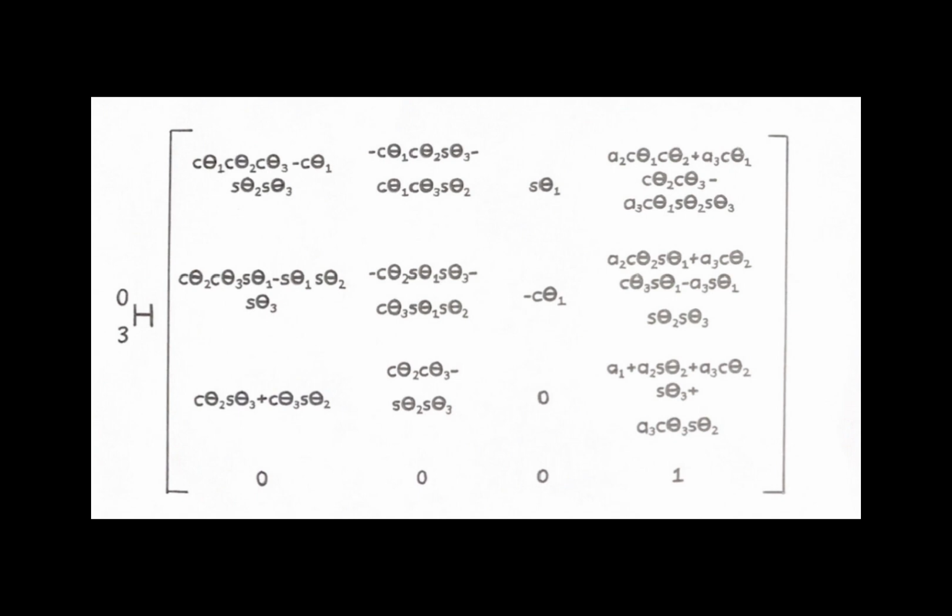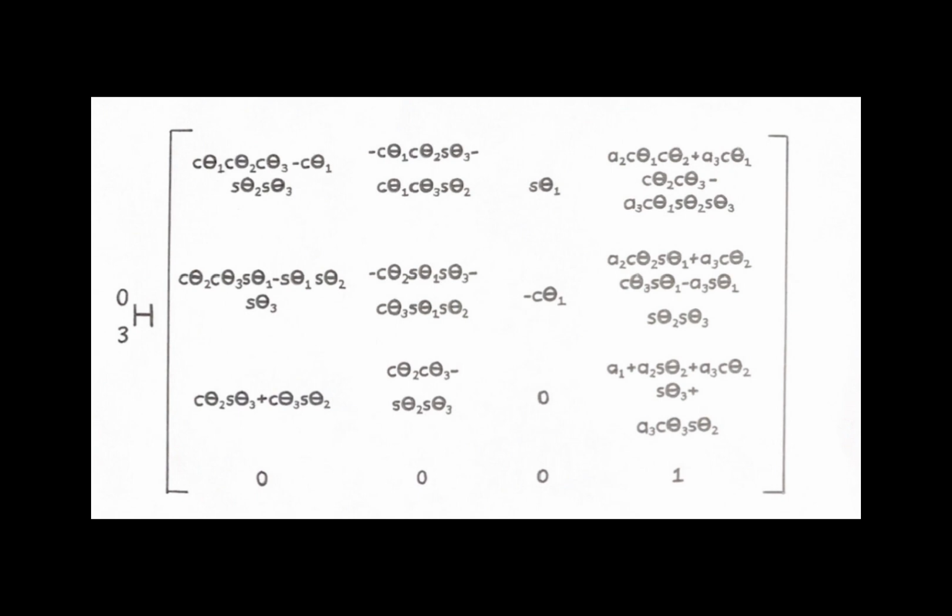Next is sine theta, negative cosine 1, cosine 2, sine theta 3, negative cosine 1, cosine 2, sine theta 2. The third is sine theta 1. Next is A2 cosine theta 1, cosine theta 2, plus A3 cosine theta 1, cosine theta 2, cosine theta 3, negative A3 cosine theta 1, sine theta 2, sine theta 3.